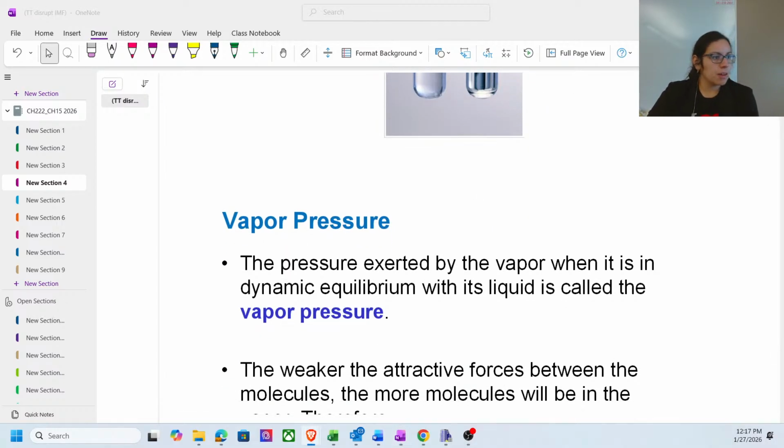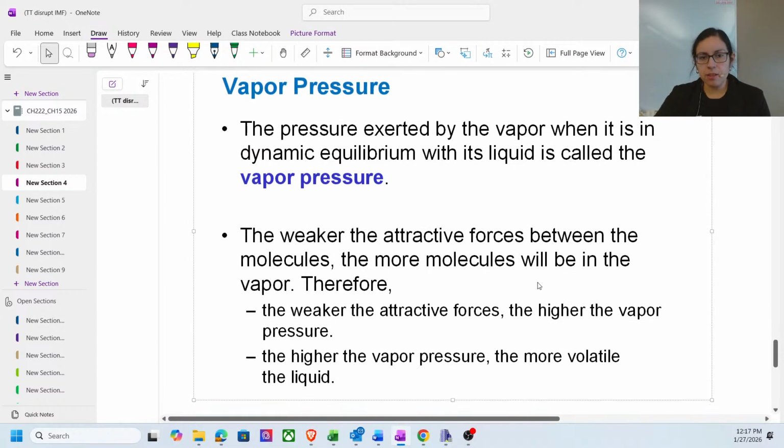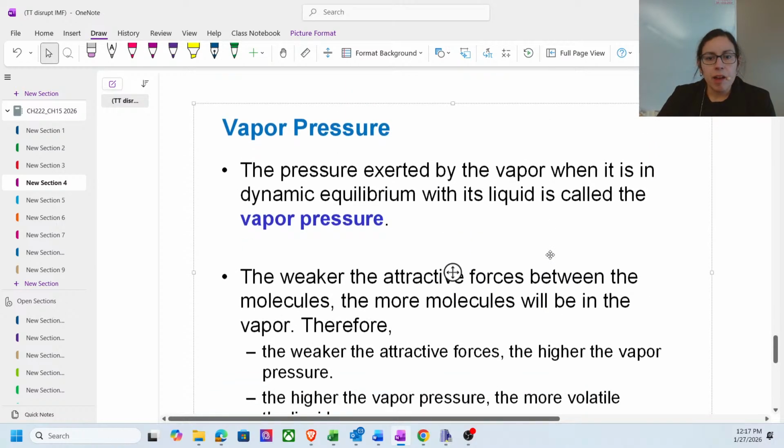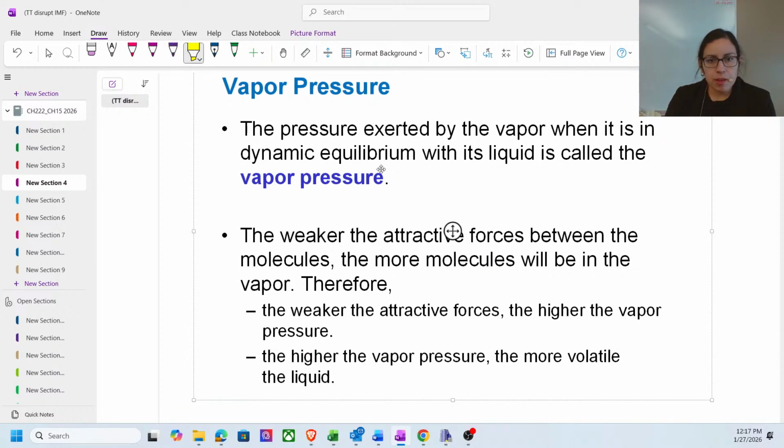Our other related concept is vapor pressure. We kind of teased this with the gas collecting bit, but let's go through it. Basically, we're saying that there's some sort of dynamic equilibrium with the liquid.